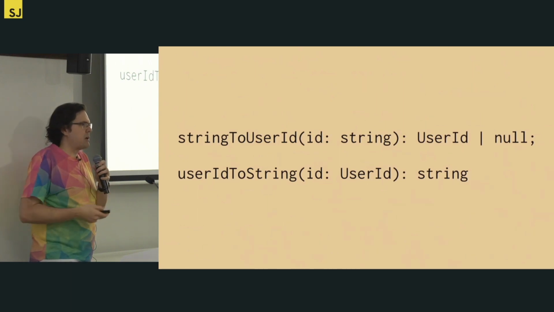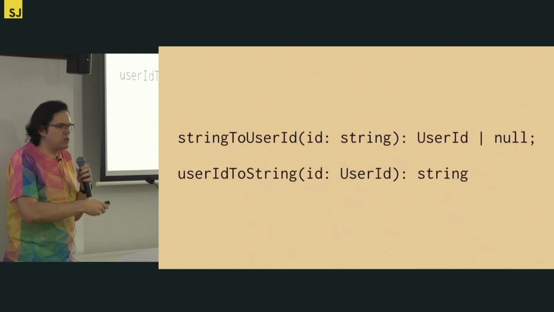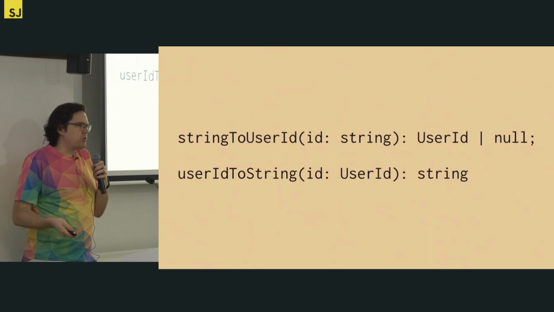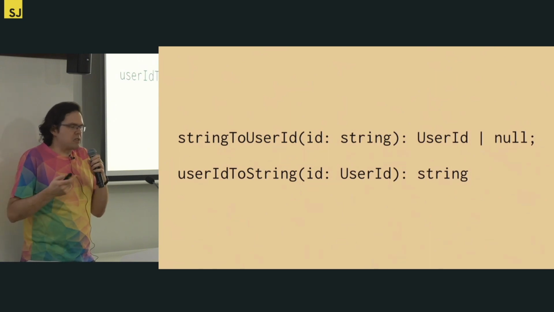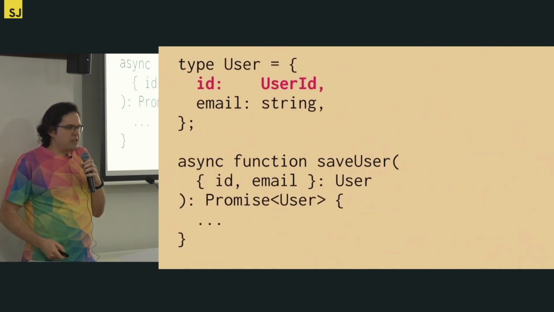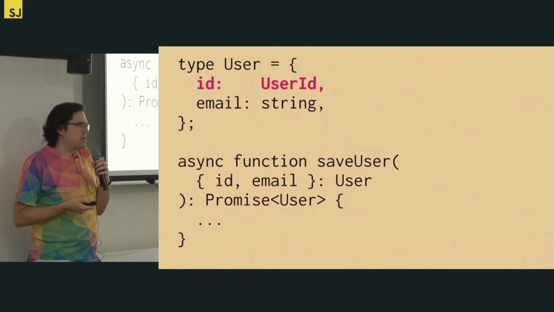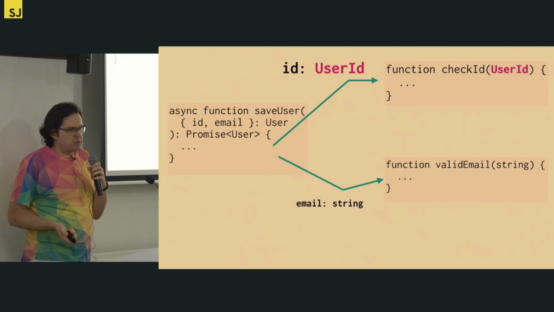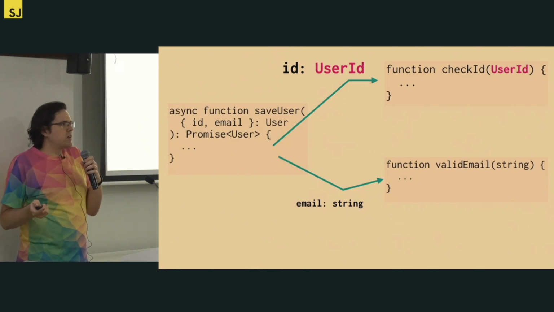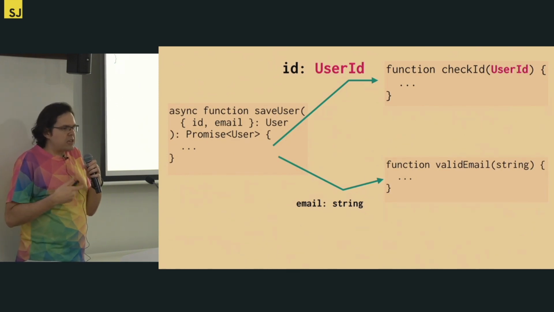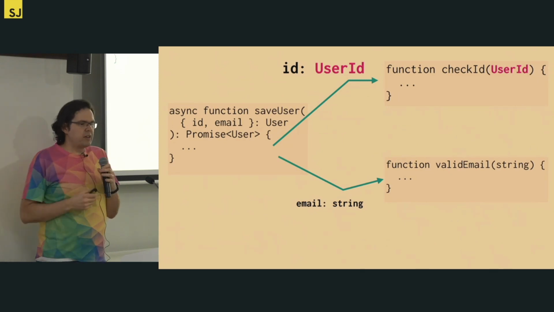You usually end up with pairs of functions like this, where you're taking a string to a UserID, and that can fail, or a UserID to a string, which is always going to succeed because it's an easy transformation. So we now have this UserID information, and if you use it in this function, it will be passed around to the other functions that expect a UserID, and that's preserved.